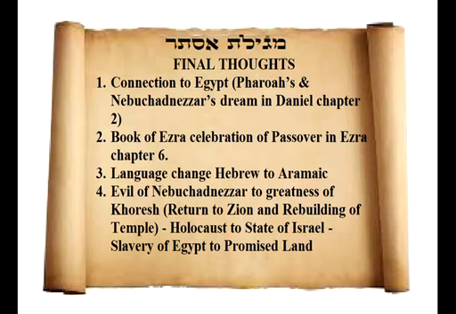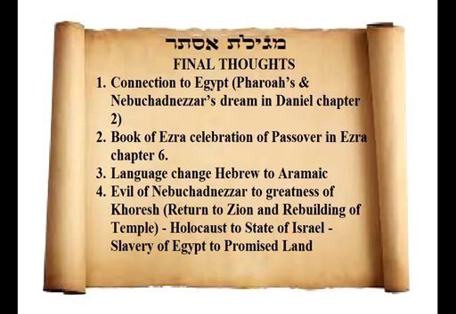We also read in the book of Ezra about their celebration of Passover, the same way that we celebrate both Passover and our salvation in Purim. We also see the language change from our ancient holy language of Hebrew to Aramaic, and we see how this process continues as we lose more and more connection, more proficiency and connection with our origins, our original Hebrew language.